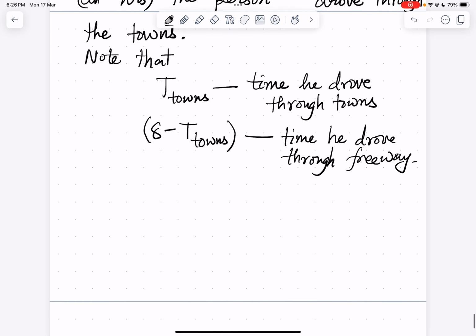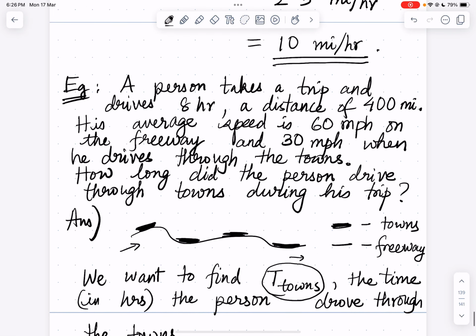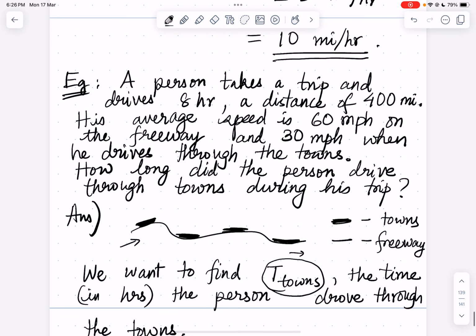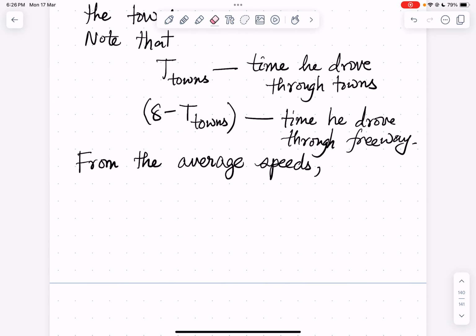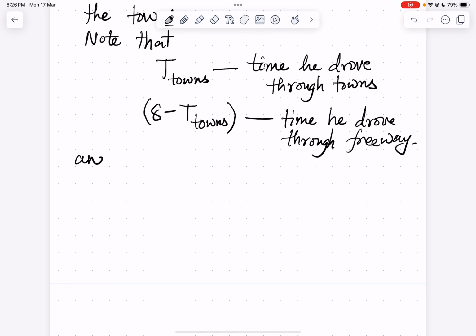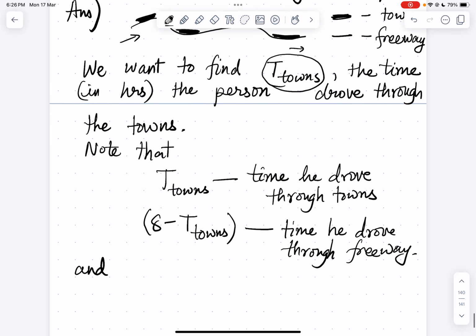Now we also have the average speeds, right? So from the average speeds, we have 60 miles per hour, and we can write here itself. So when driving through the towns, his average speed is 30 miles per hour.